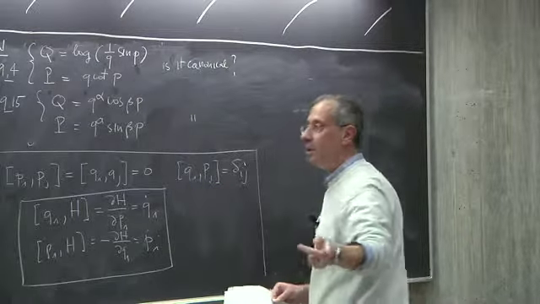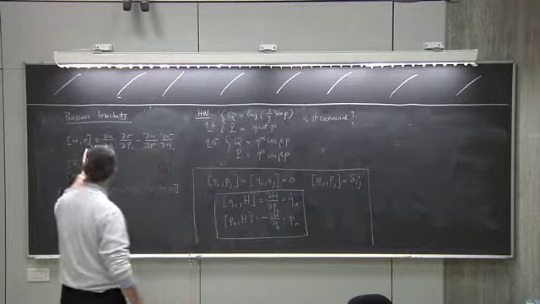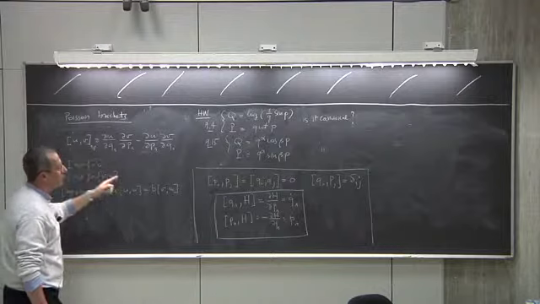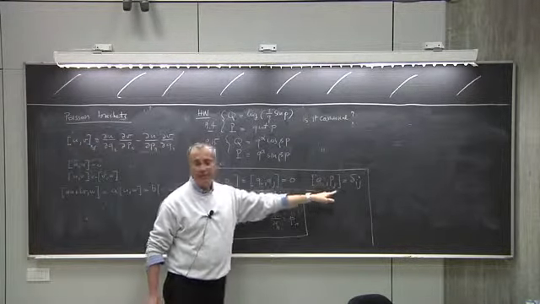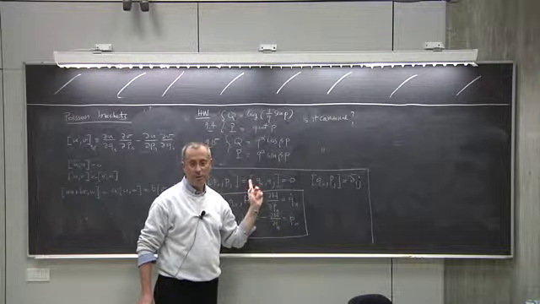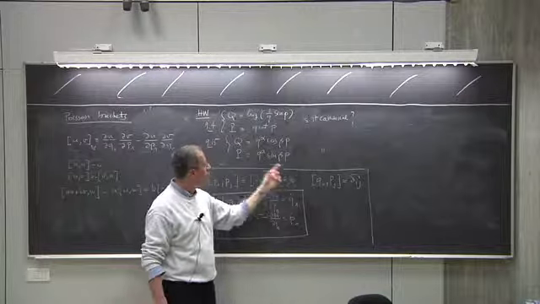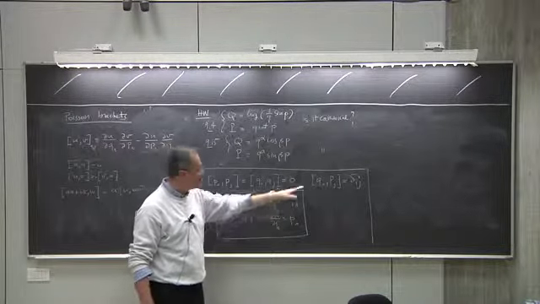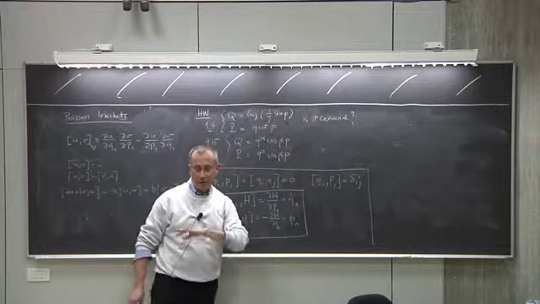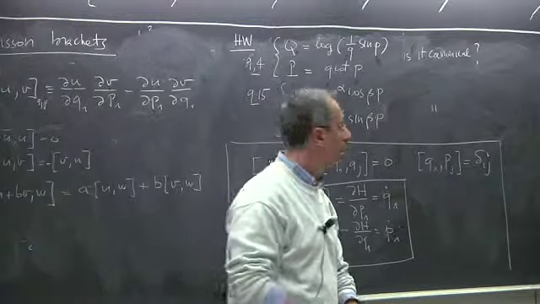But as he pointed out, if your new variables satisfy these three equations, by definition they are canonical. So if you compute this for the new variables, and if they satisfy that, you are guaranteed that you have transformed to a new set of variables that are still canonical.